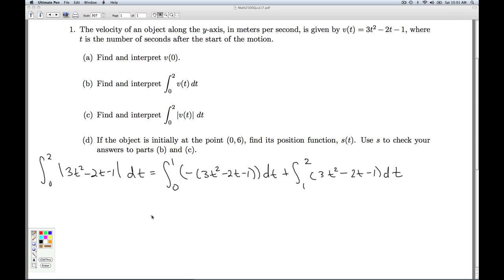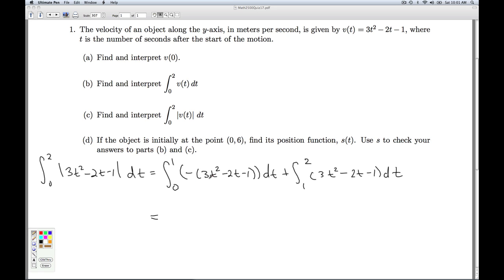Okay, so to evaluate the first integral, I apply the fundamental theorem of calculus. The integrand here is the exact opposite of my original integrand, so my antiderivative is going to be the exact opposite of it too because of the constant multiple rule. So what am I going to get out of this for my antiderivative?